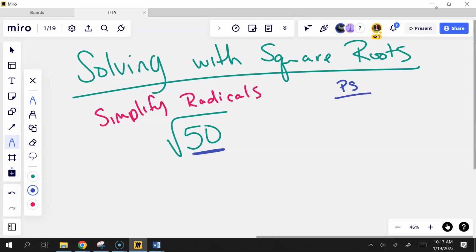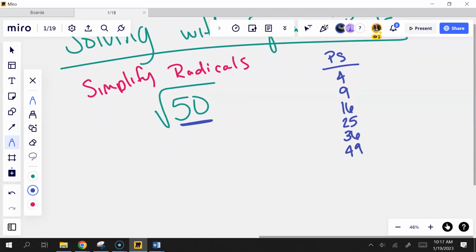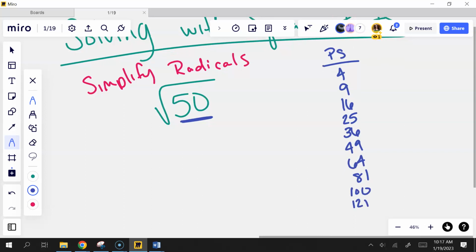So we're looking for things like 4, 9, 16, 25, 36, 49.